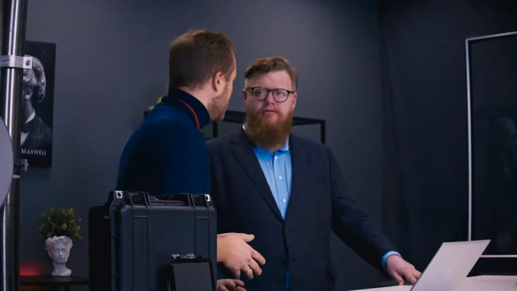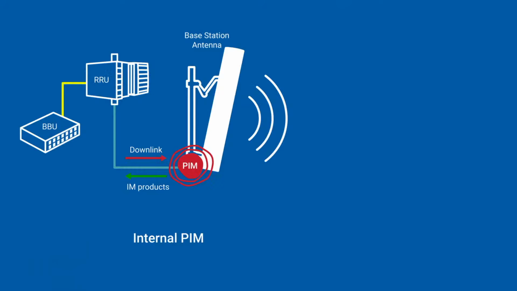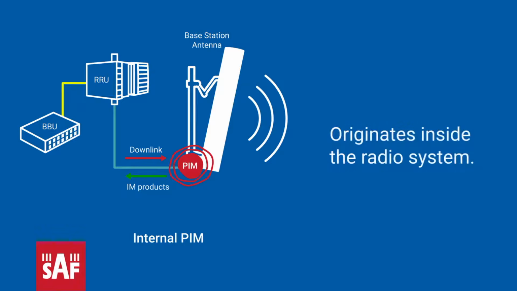Wait, there are two different kinds of PIM? Oh, yes. The general division is that internal PIM is PIM that originates inside the radio system. In simple words, that is everything from the radio, the connection to the antenna, and the antenna itself.